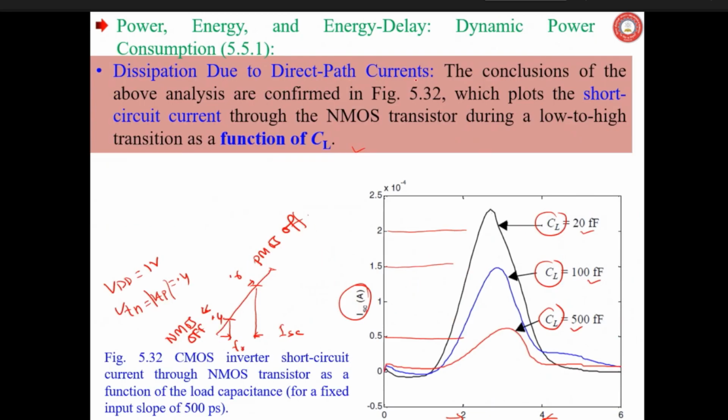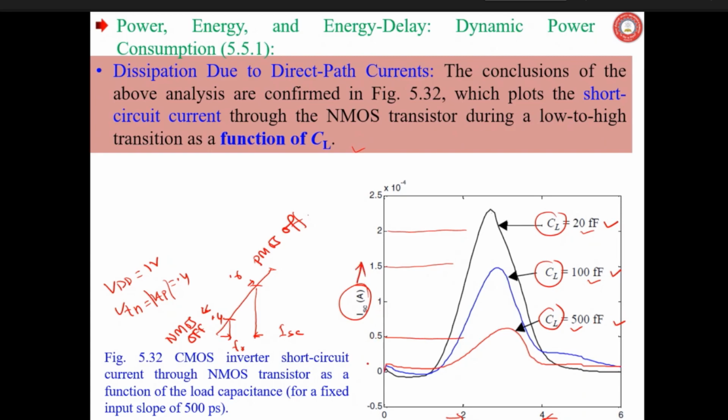Dissipation due to direct path currents. The conclusions of the above analysis are confirmed in this figure, which plots short circuit current through the NMOS transistor during a low to high transition as a function of CL. Different values of CL are taken: 20 femtofarad, 100 femtofarad, and 500 femtofarad.